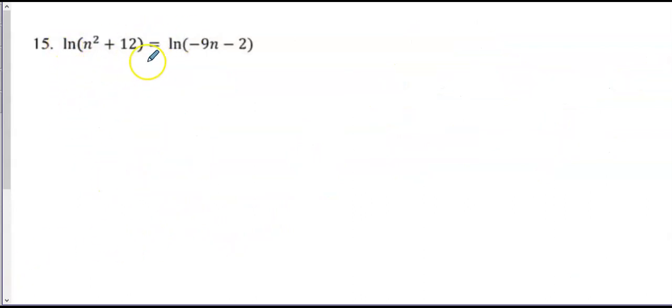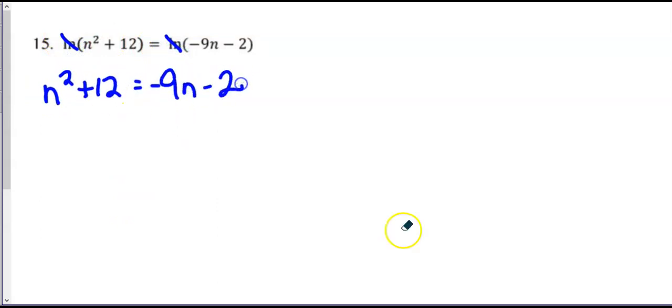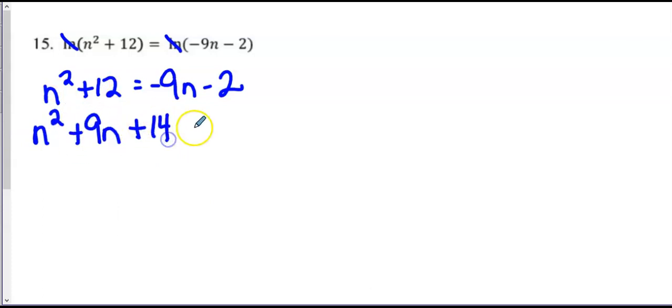So here we have two natural logs, and because they are both log base e, we can cross those out. An n squared on this one, so I need to move everything to one side. Okay, so I just added 9n and added 2.